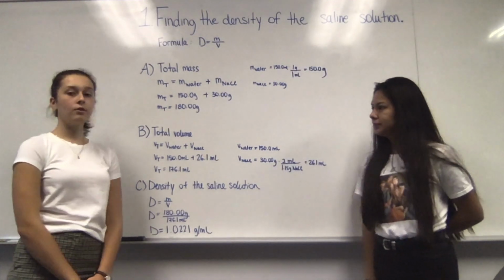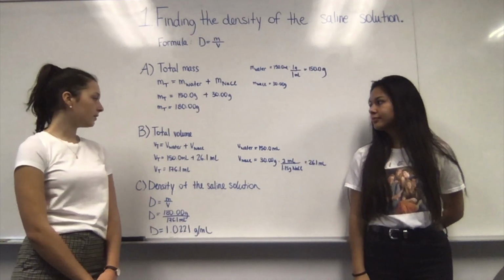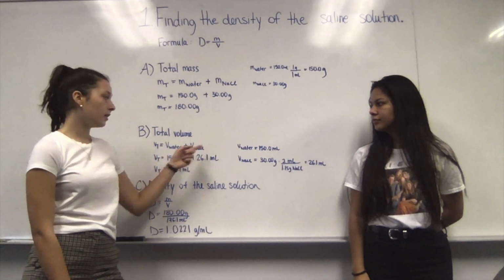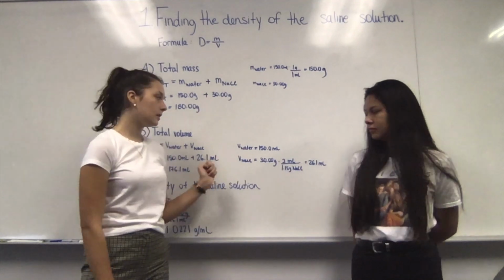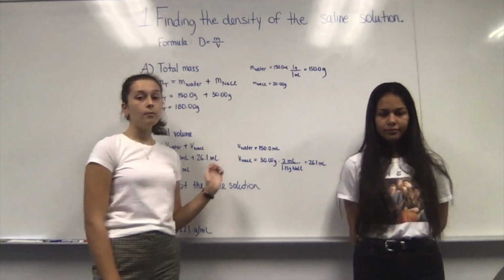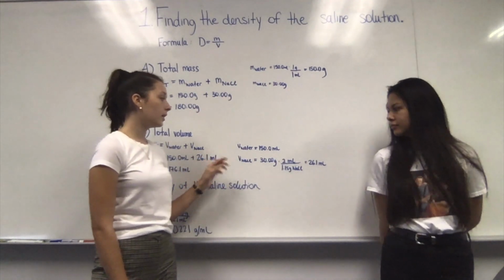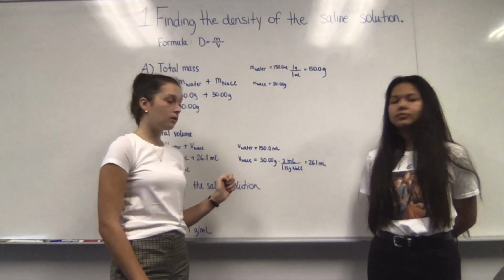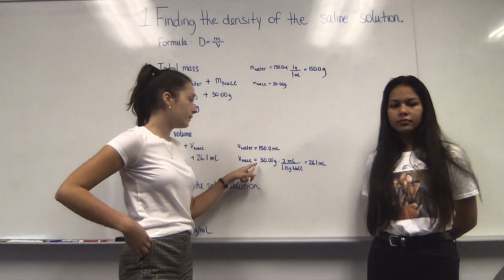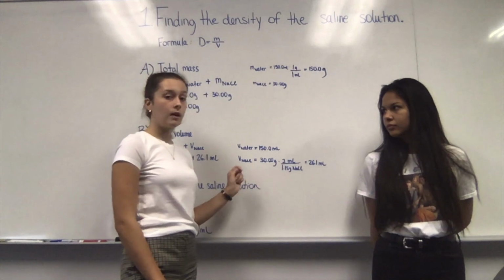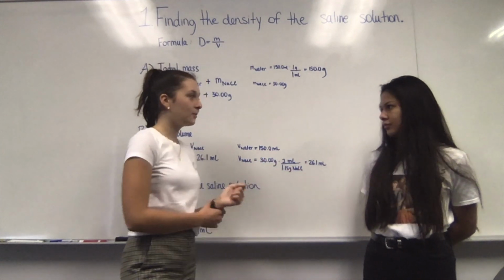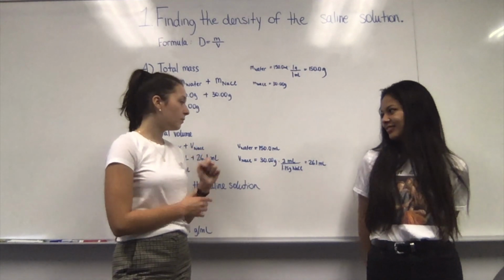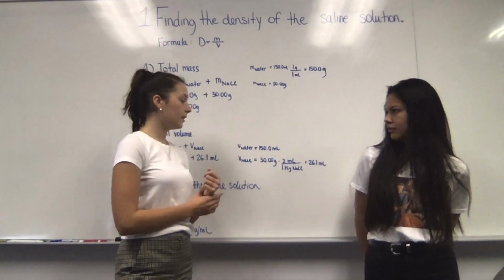Then we found the total volume of our solution by adding the volume of our water to the volume of our NaCl. So we knew that the volume of the water that we used was 150 milliliters. But to find the volume of our NaCl, we used again the volumetric mass of NaCl, and so we knew that by using 30 grams of NaCl, we used 26.1 milliliters because the volumetric mass is 1.15 grams of NaCl per 1 milliliter.